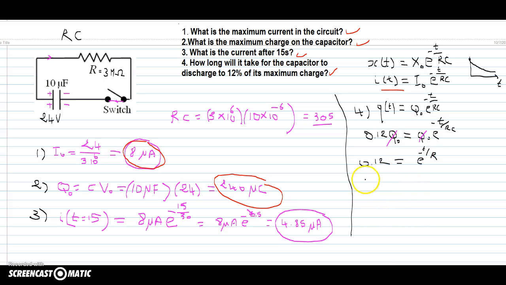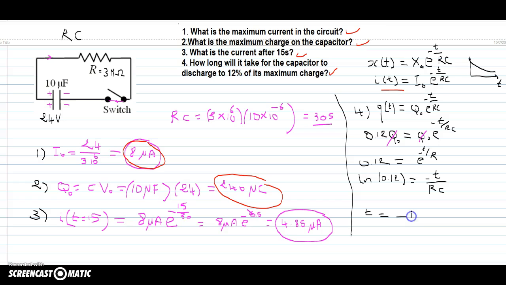So take the natural log of both sides. So natural log of 0.12. All right. And so the natural log of this is just minus t over RC. At this point, we can solve for t. It's really easy.